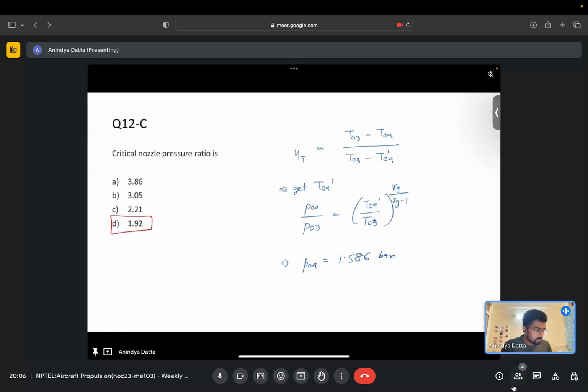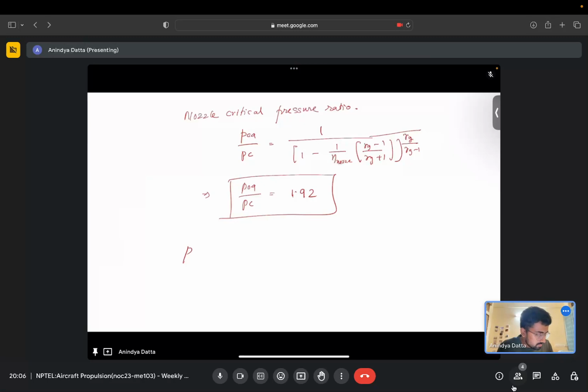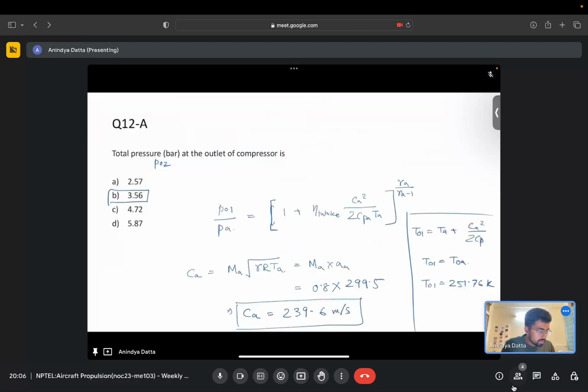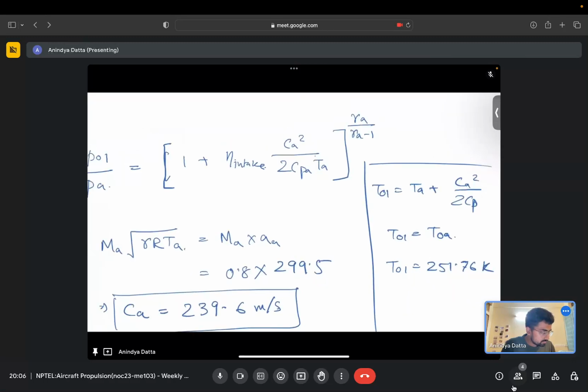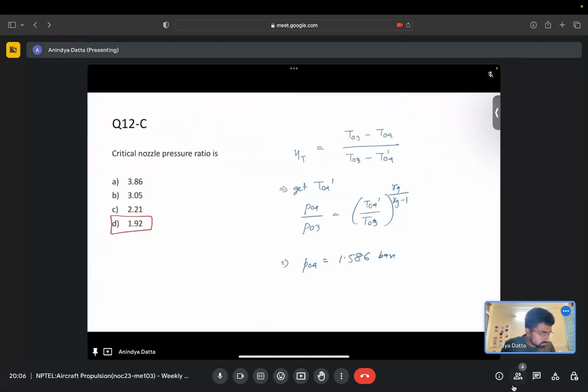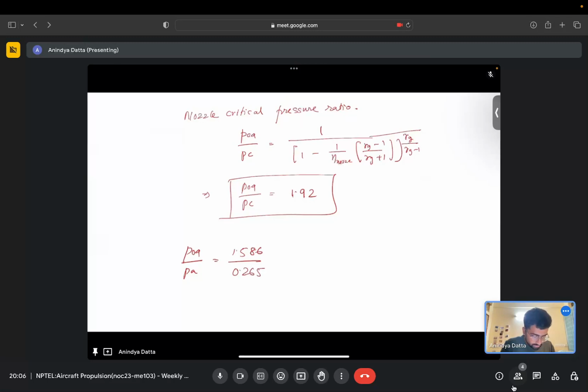And what is our pressure ratio? We do P04 by PA, that is 1.586 divided by our ambient pressure, 0.265. This will come as 5.984. You can see in this case the total pressure at the nozzle inlet divided by the ambient pressure is very high, close to 6.